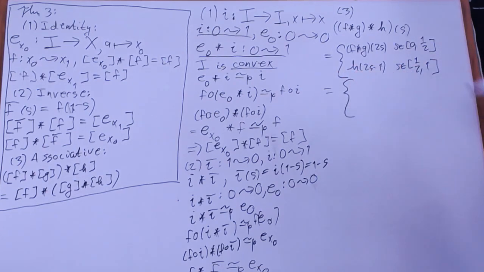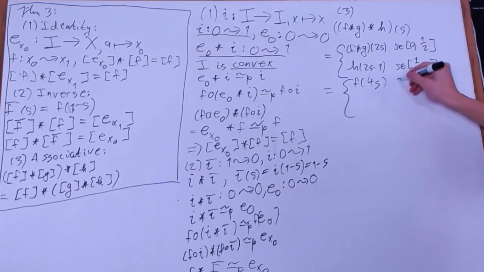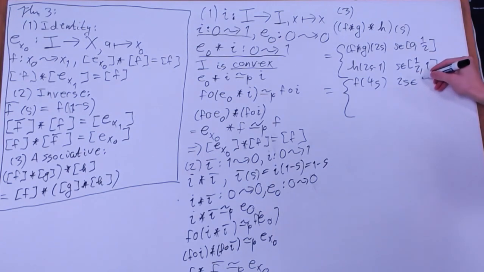This is going to be equal to, expanding out f star g, f of 2 times the input, which is 2s, so 2 times 2s is 4s. So f of 4s, where the input 2s needs to be between 0 and a half, which is the same as saying that s is between 0 and a quarter.